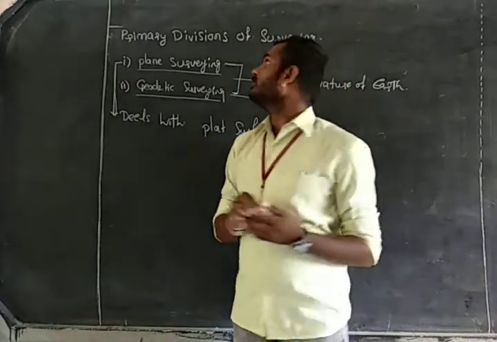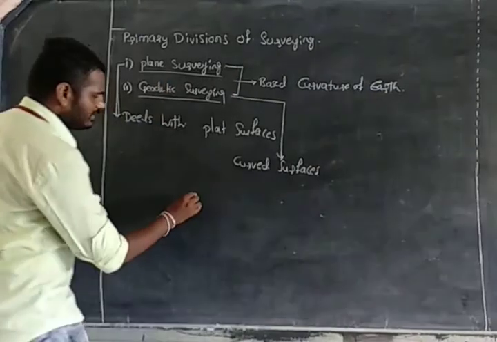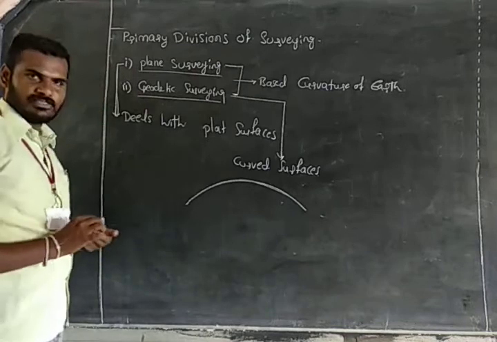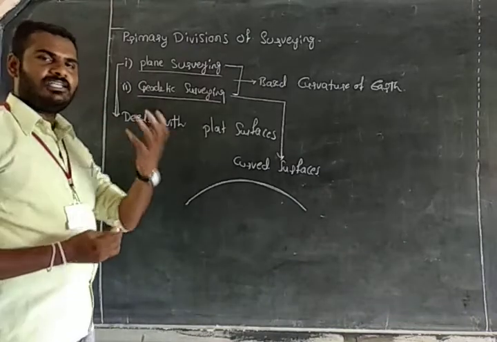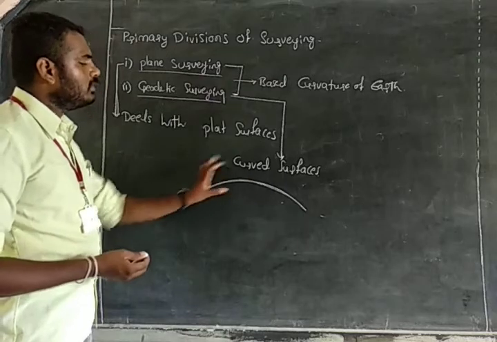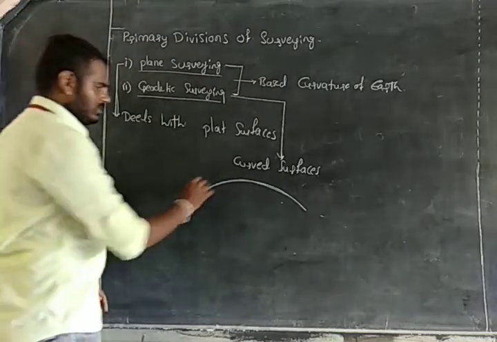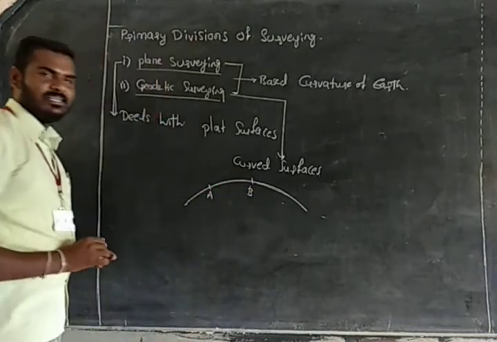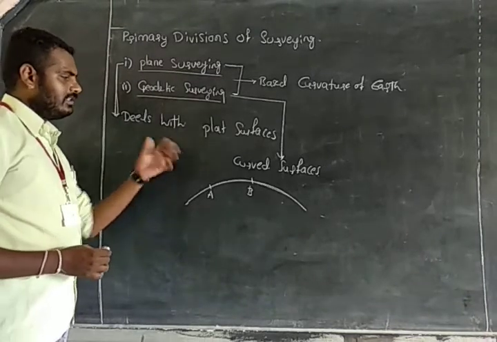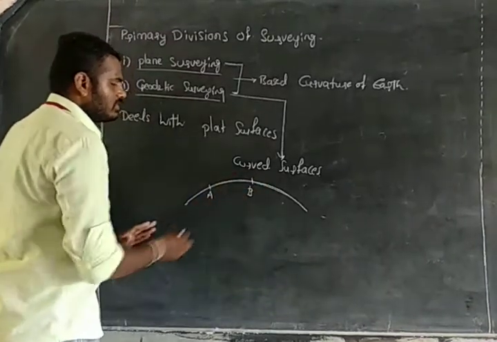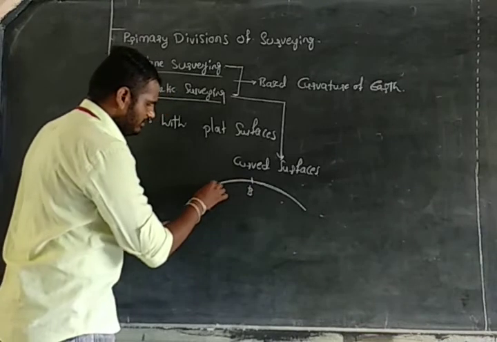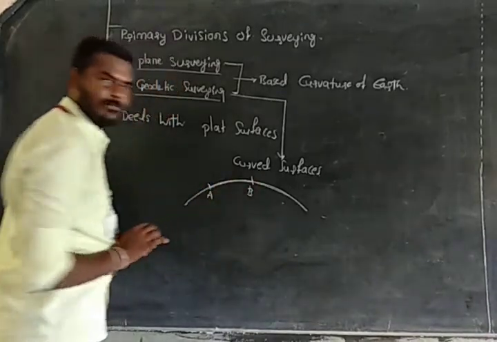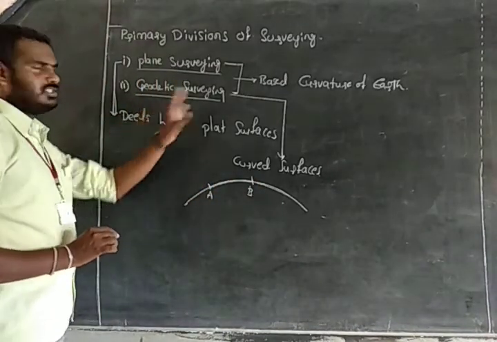Let us consider that this is a part of earth surface, where by using some linear measurements you want to calculate the length between two points, let us take this is point A and this is point B. Naturally the ground is curved, so if you measure the distance between any two points, this distance is a curved distance, which is the case in geodetic surveying.